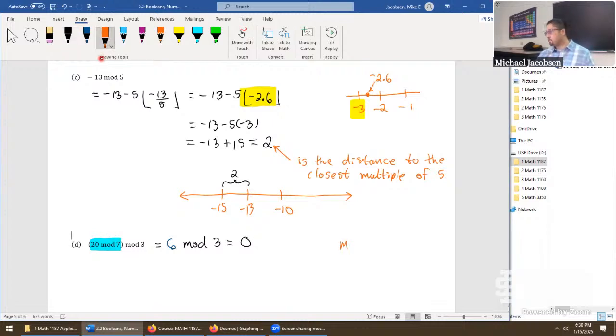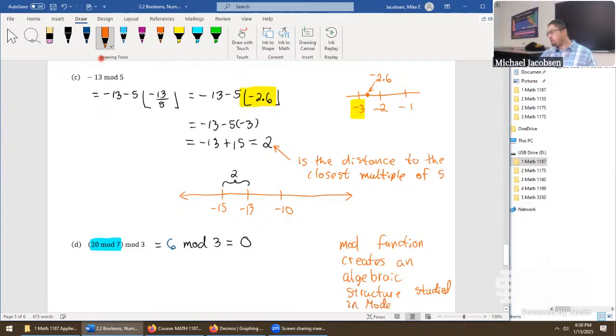So the mod function creates an algebraic structure studied in modern algebra, called things along the lines of groups of symmetries.